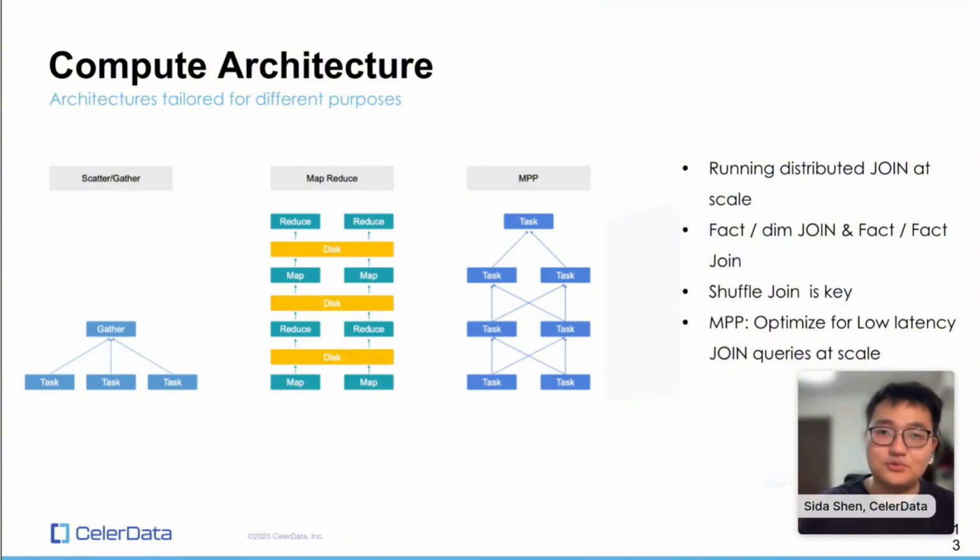Or you can do a broadcast join, basically broadcasting all of the smaller tables to all of the nodes in your entire cluster, right? So that bottlenecks on the single node, because if the table doesn't fit in the memory of your smallest node, it's not going to work, right? So this is a very, very simple architecture, for lower cardinality aggregations and single-table queries, right? But it's really not suitable for join queries, right?